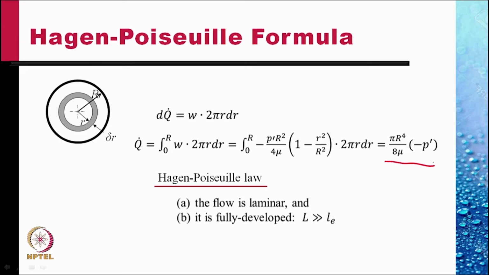This is known as Hagen-Poiseuille law and depends upon two conditions. The flow is laminar and it is fully developed, that is, the length of the pipe is much larger than the entrance length, so that the end effect can be neglected.